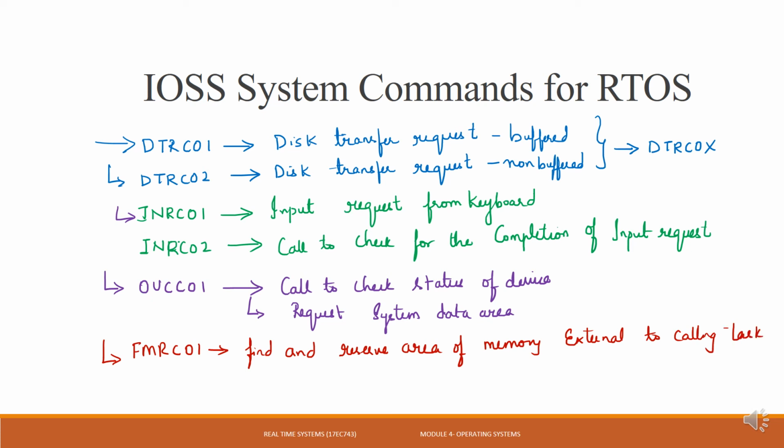Similarly, we have one more command, that is RMRC01. That is just to command the user to check if scans are completed. So these are the various IOSS system commands for the RTOS.